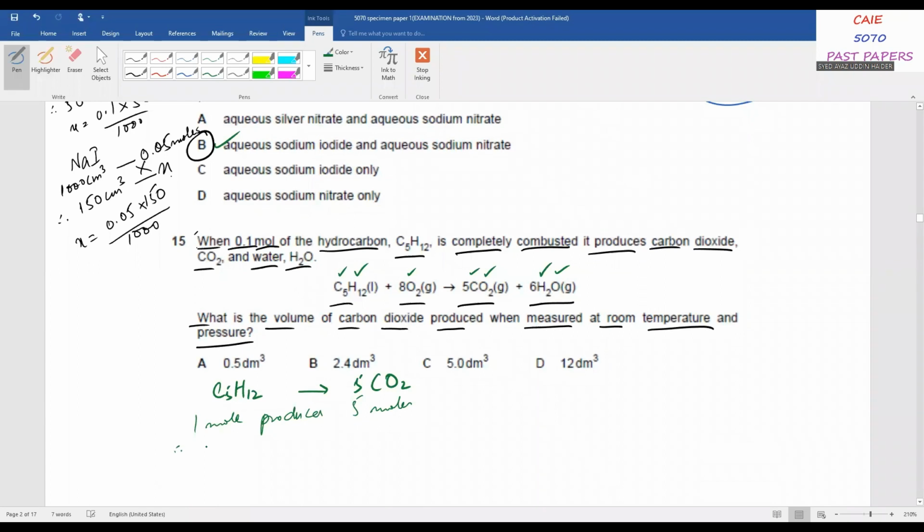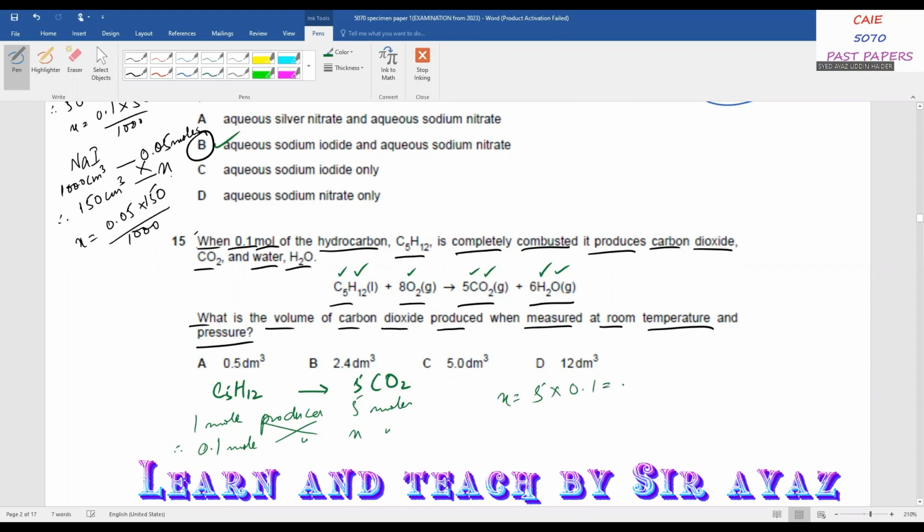Therefore, 0.1 mole produces x mole of CO2. Do the cross multiplication, and you will get x is equal to 5 multiplied by 0.1, which is 0.5 moles of carbon dioxide.